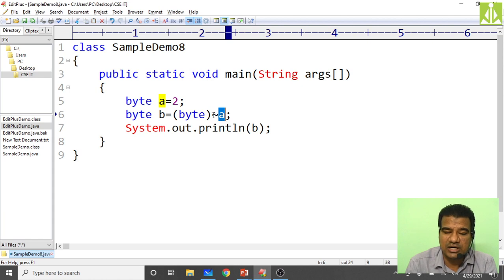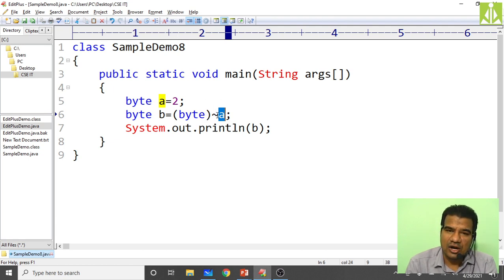Because it is an expression, Java is automatically promoting its type from byte to integer, because the value is exceeding the range of byte, so it is automatically promoted to integer.